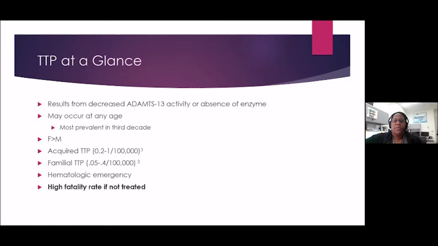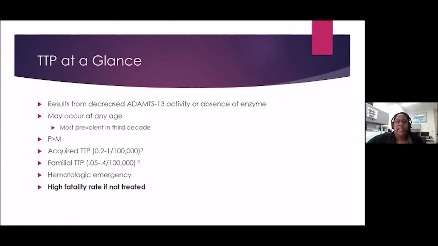So TTP is a process that results from a decreased ADAMTS13 level, either because it's not present, it's not being produced, or it's being cleared or neutralized by an antibody or an inhibitor that is stopping it from doing its function.